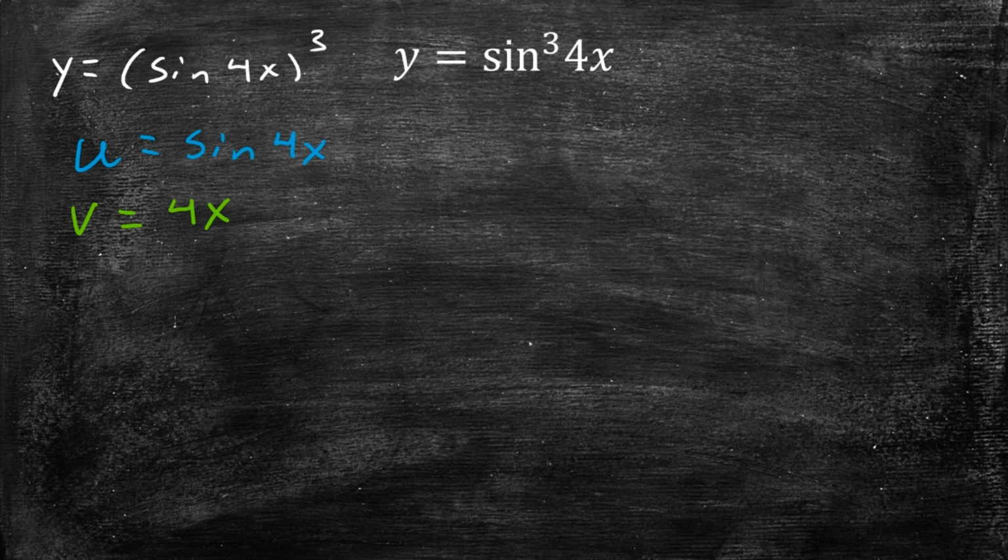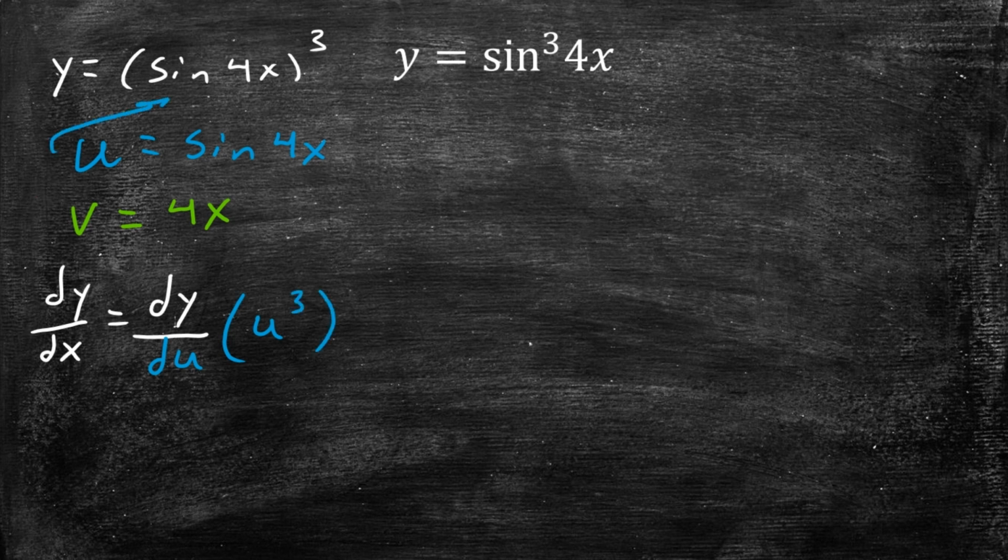We're going to have to use it more than once. So let's go ahead and start here and try to explain it. So our derivative is going to be equal to the derivative of the outside function. So dy over du of u cubed, right? Because we let u equal to sine of 4x, and we just plug that into the equation up there.